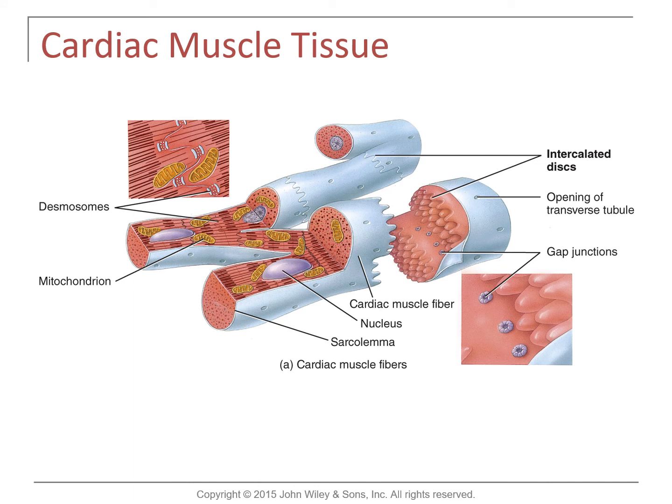So here we have a picture showing the branched cardiac myocytes and how they are interlocked and connected by desmosomes. And here we also see the gap junctions, which are the passageways between adjacent cells that allow for muscle action potentials to pass quickly from one cell to the next so that the chambers contract as a unit.